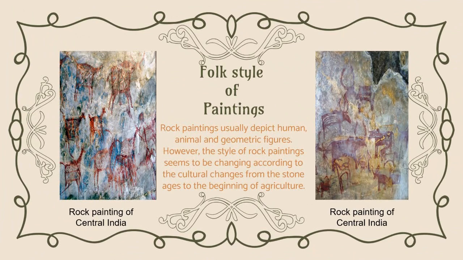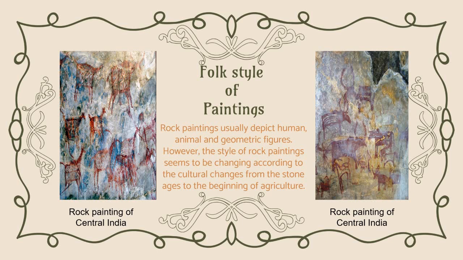Rock paintings usually depict human, animal, and geometric figures. However, the style of rock paintings seems to be changing according to the cultural changes from the Stone Ages to the beginning of agriculture.